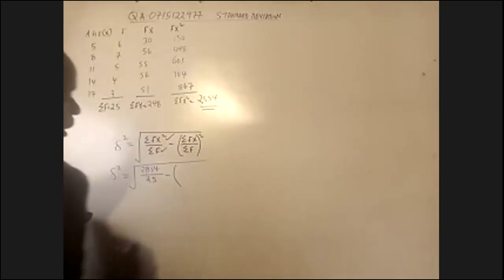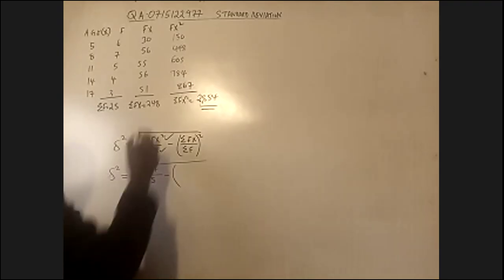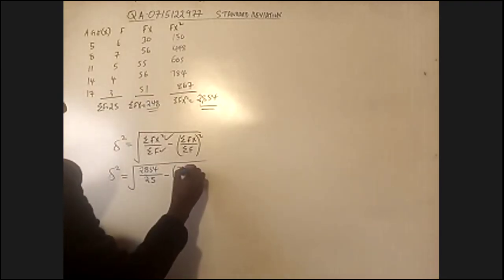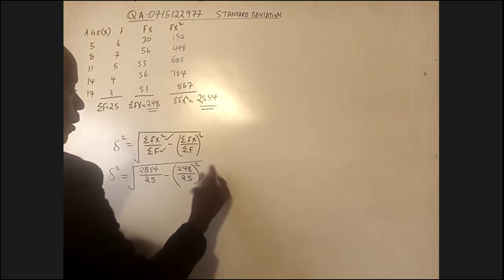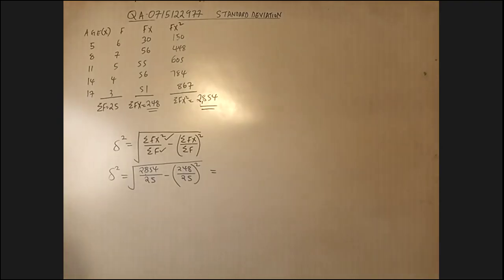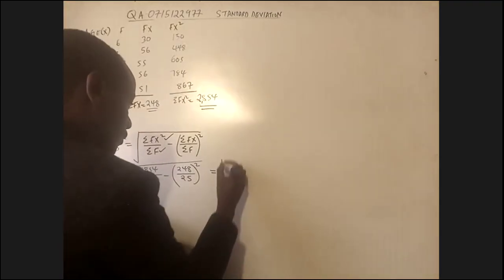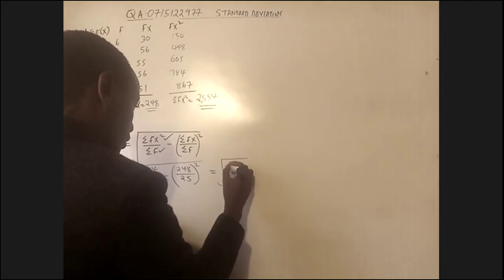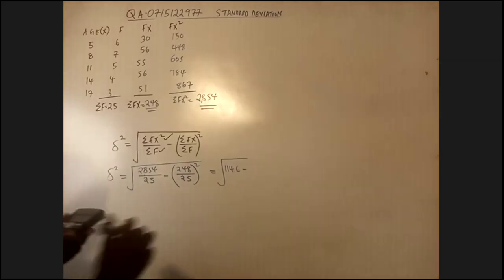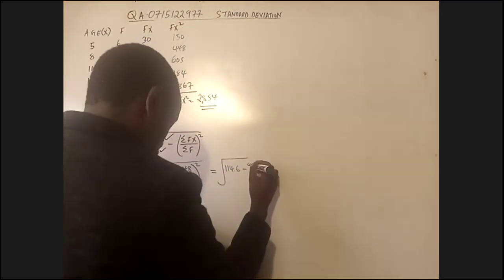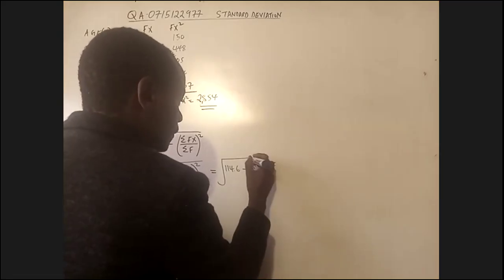Minus summation of fx, which is 248, over 25, squared. What does it come to? 2854 divided by 25 is 114.16, minus 248 divided by 25 squared, which is 98.464.